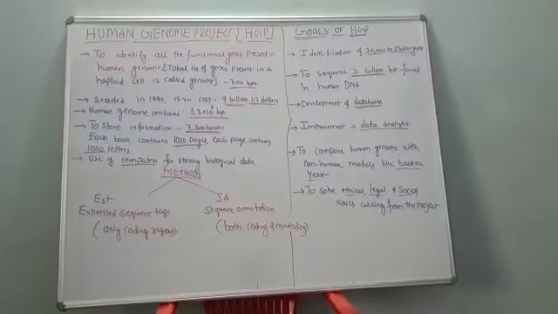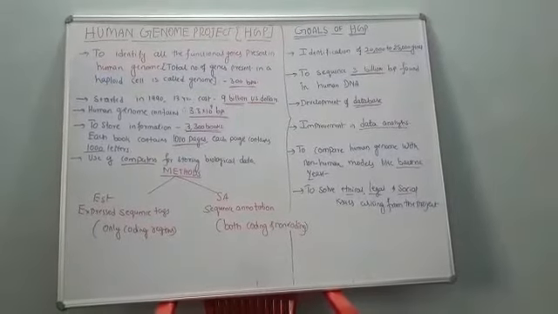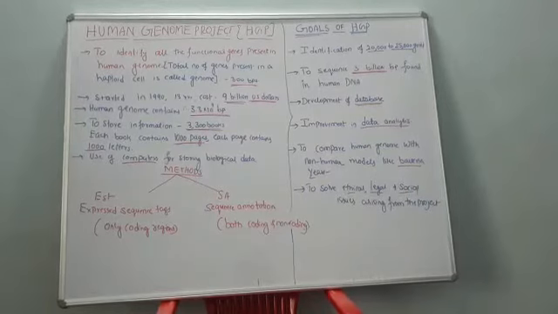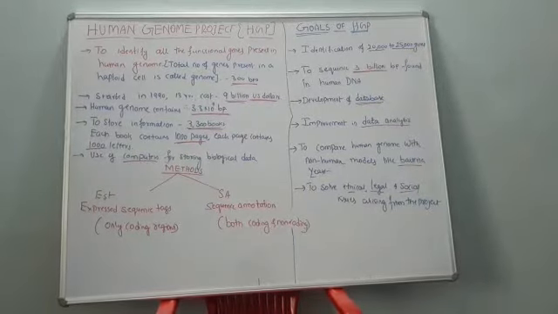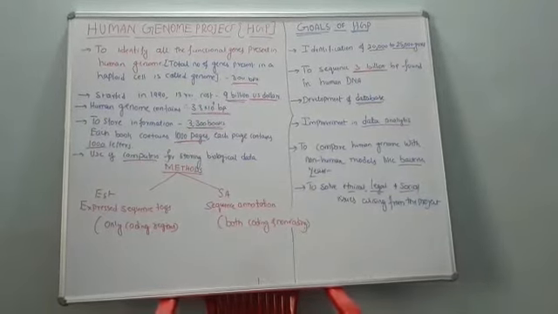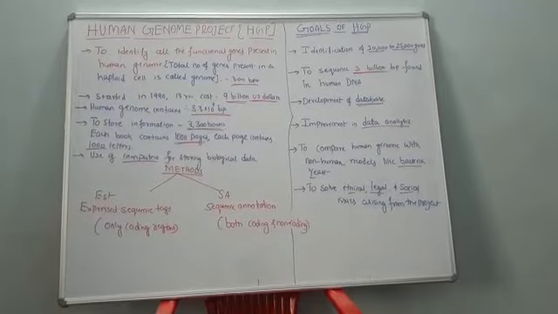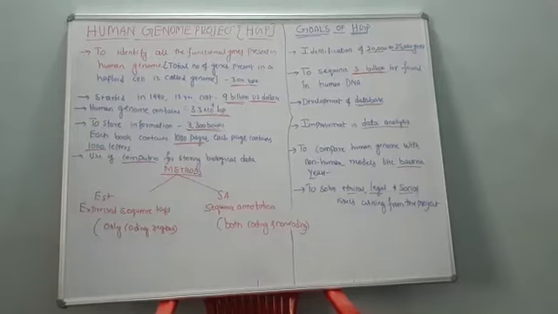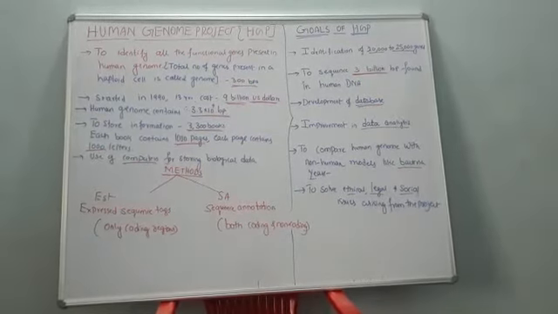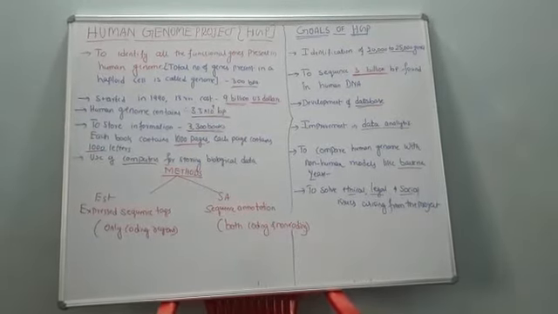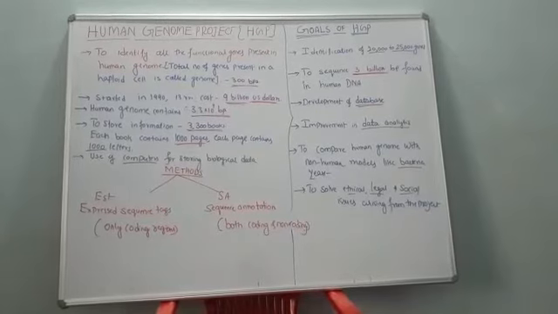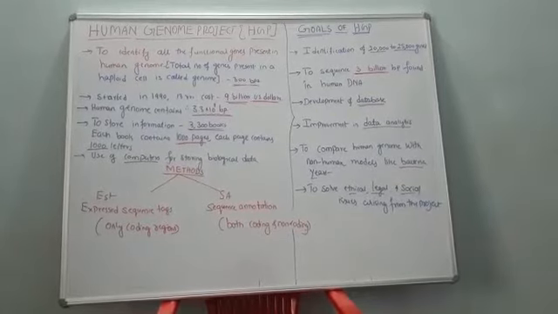Next, there is some data I have written on the board. Let's focus your attention on the board. This mega project was a multi-collaborative project because many countries participated in it. It was started in the year 1990, and it took almost 13 years to complete.